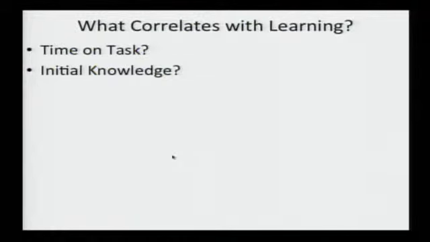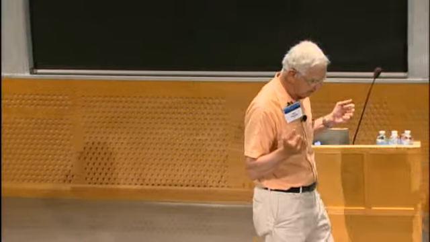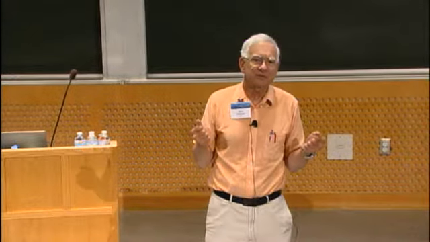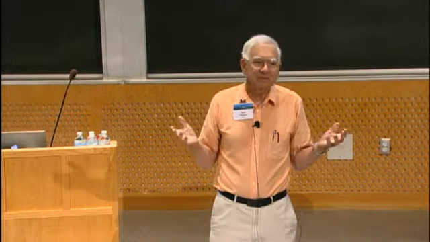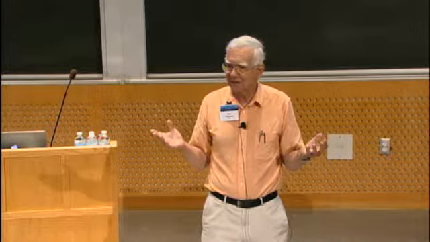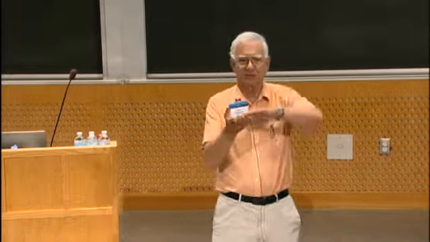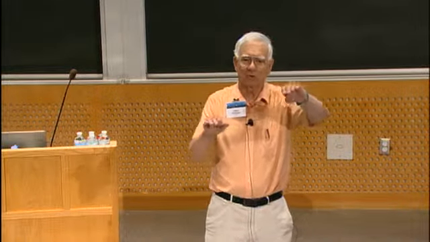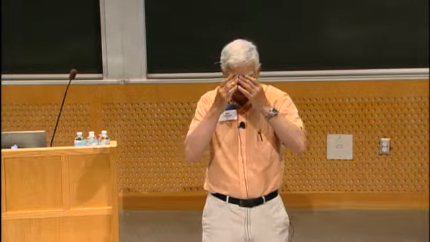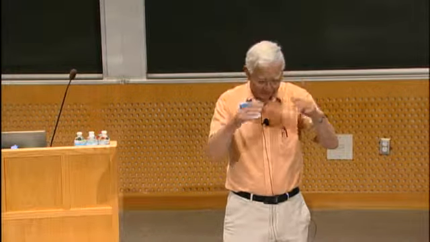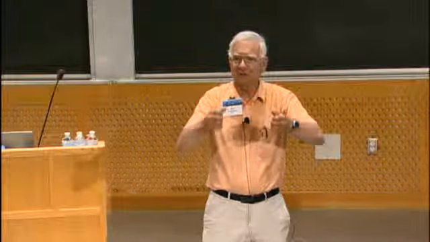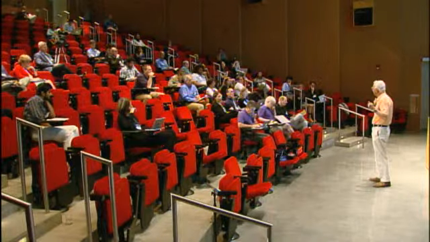In fact, it troubled me for a long time that the normalized gain was a constant. Why is the normalized gain a measure that seems to be constant across a lot of different classes or across a lot of individuals in one class? Why should everybody learn a constant fraction of what they don't know?